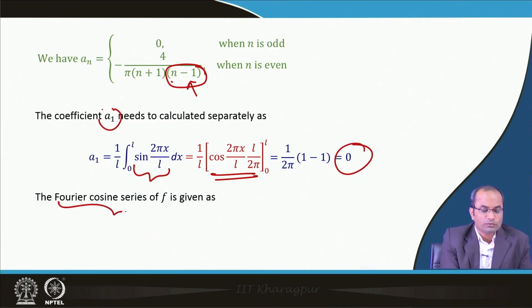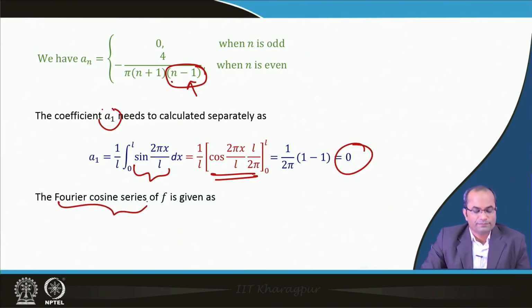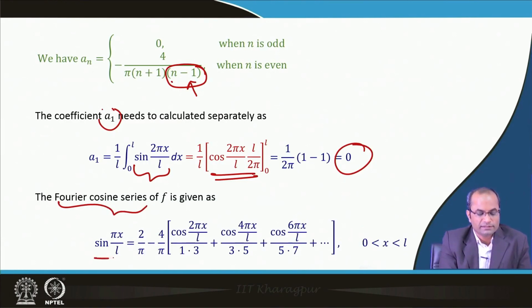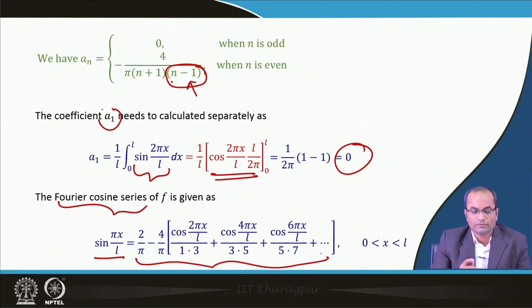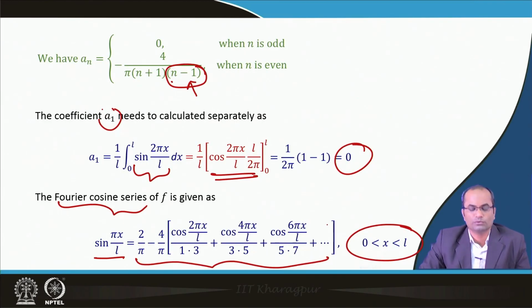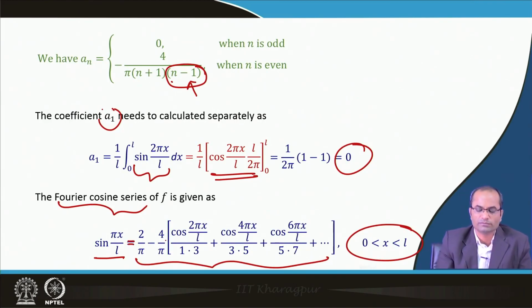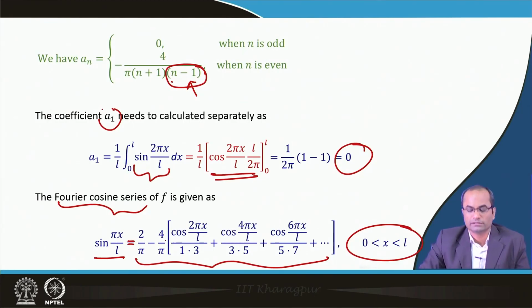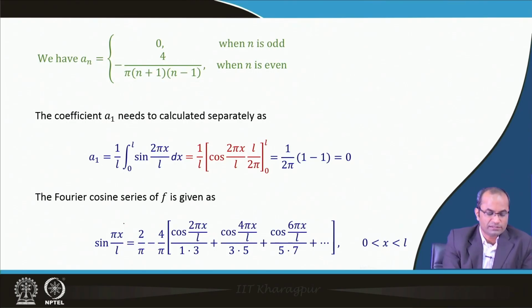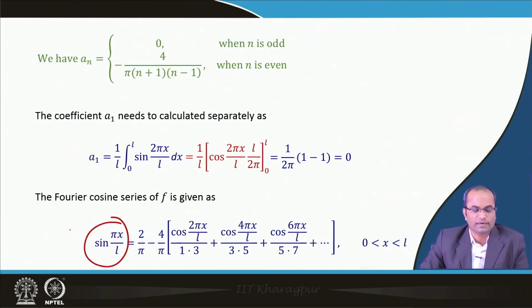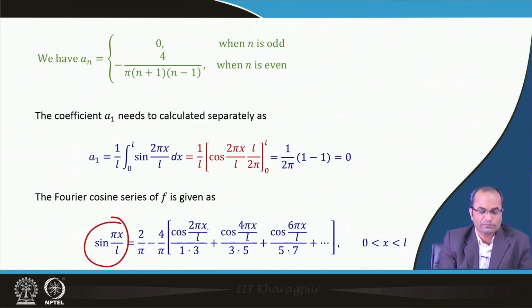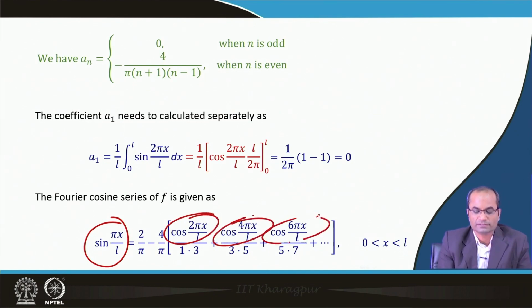So, the Fourier cosine series of this f is given in terms of the cosine functions, which is valid again in the region 0 to L, and we have equality because of the continuity of this sine function in the interval 0 to L. What is interesting here is that this sine function, sine pi x over L, is written purely in terms of cosine functions.